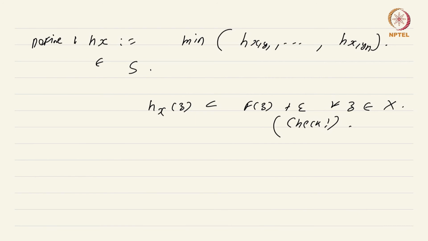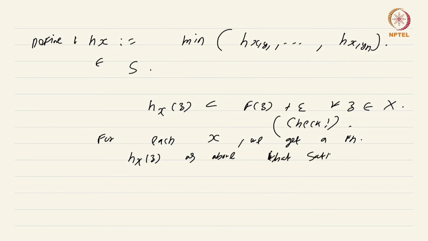Okay, so as a recap, we fixed x, varied y, and obtained these functions h_{x,y_1} to h_{x,y_n}. We took the minimum, and we have got a function h_x. Now we repeat the same trick again. For each x, we get a function h_x as above that satisfies h_x(x) equal to f(x).